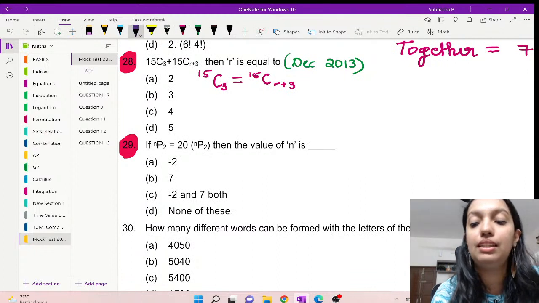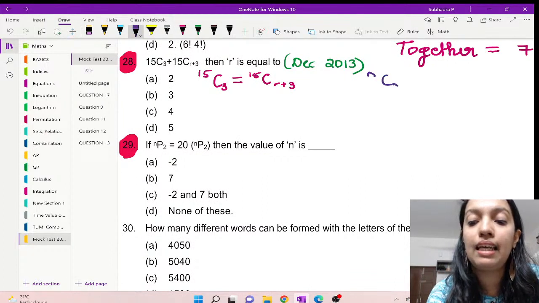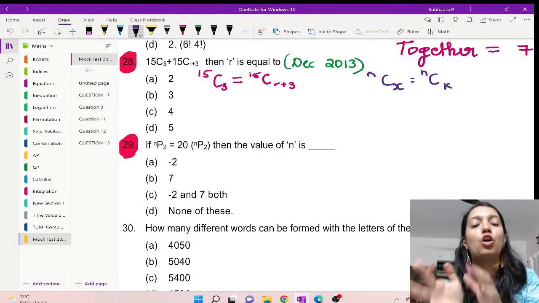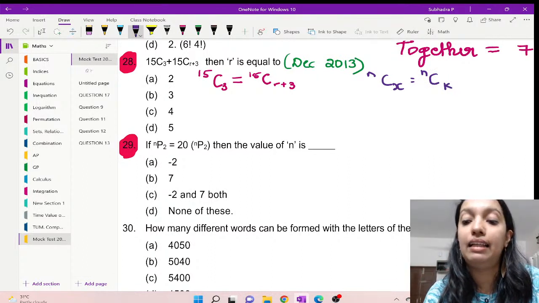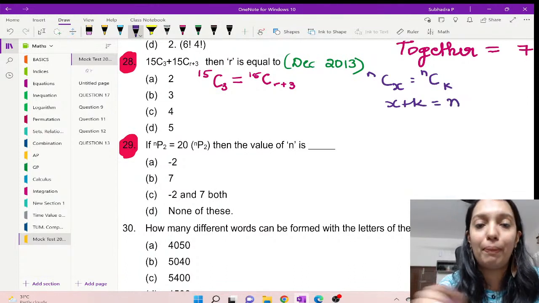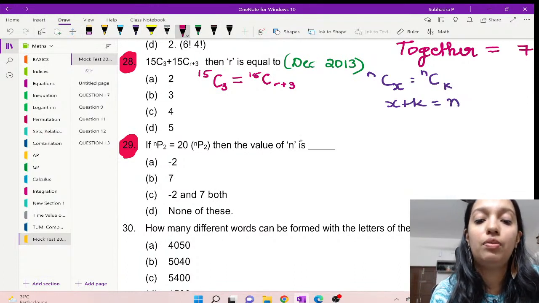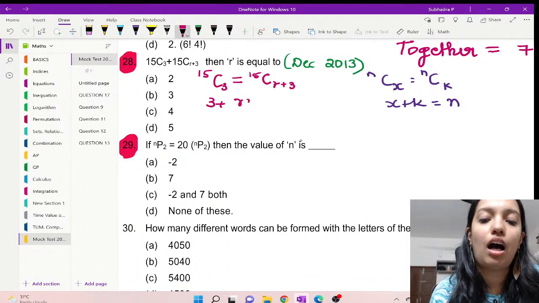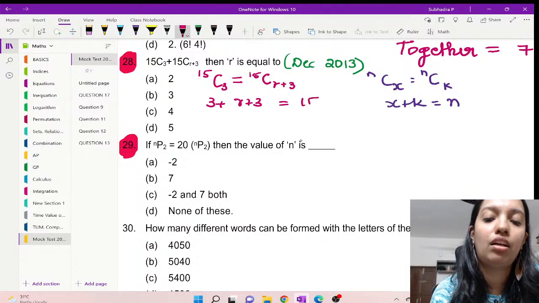Which formula do I have to apply? Do you remember this? NCX is equal to NCK. If I have a combination of this format, then X plus K is equal to N. So applying the same thing, here it will be 3 plus R, now this is R plus 3 is equal to, what is the N value? 15.